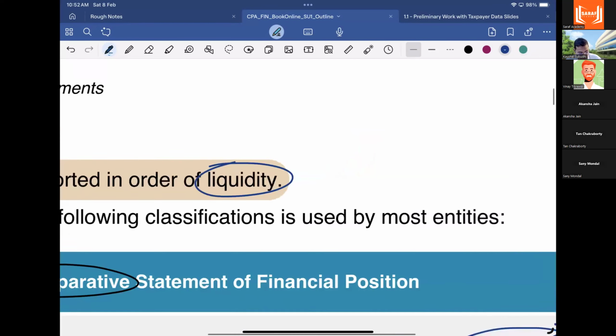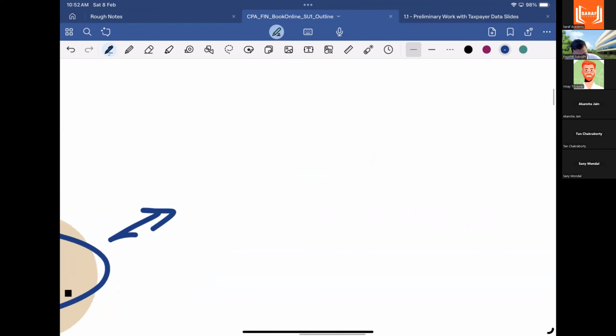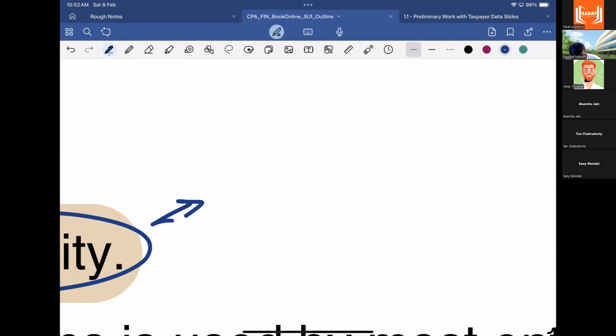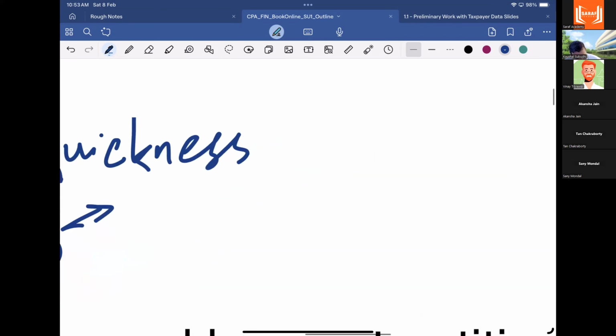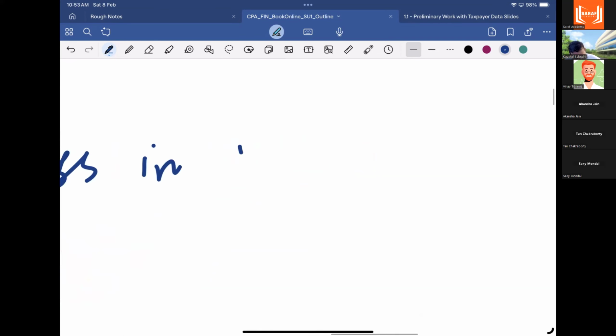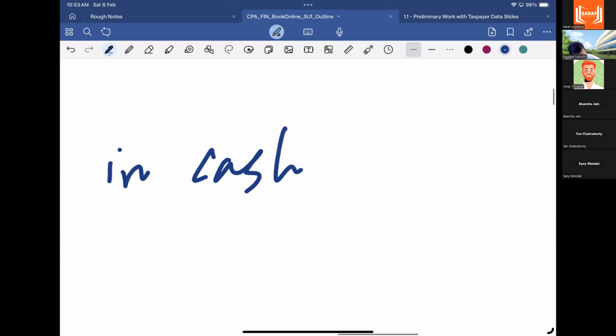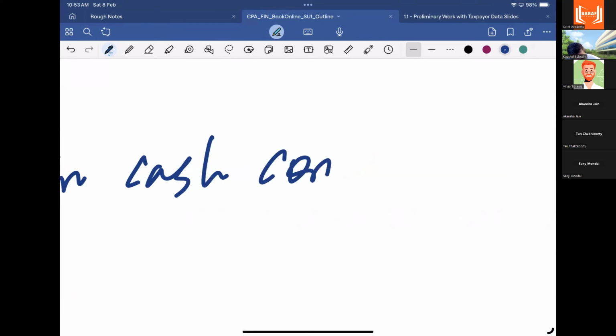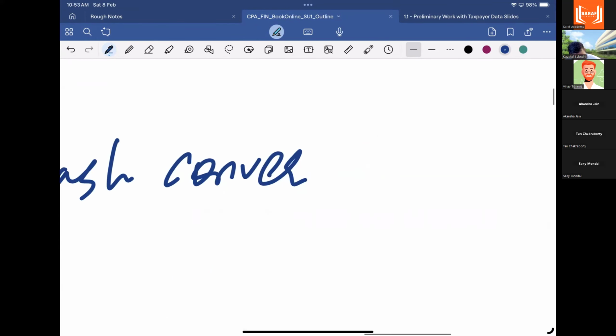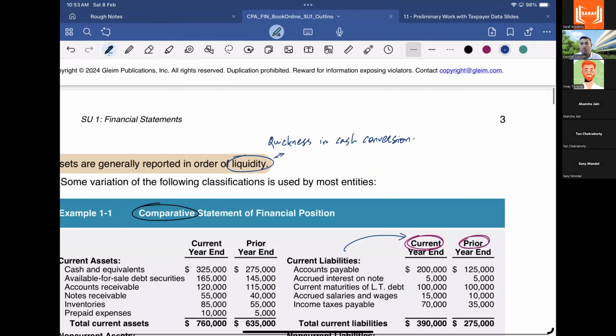Of course, we would be talking about all these things later, but then liquidity over here refers to, you can say, quickness in cash conversion. So how fast or how quickly your assets can be converted into cash. Right, how quick you are in cash conversion.